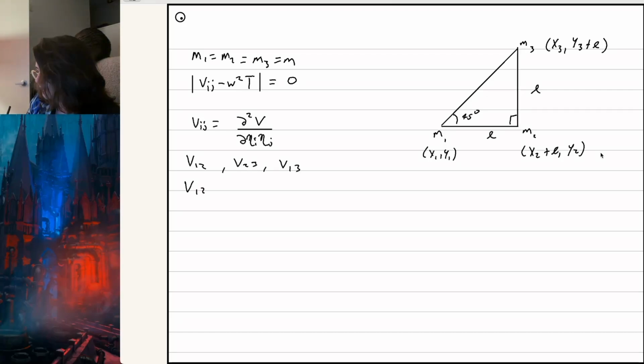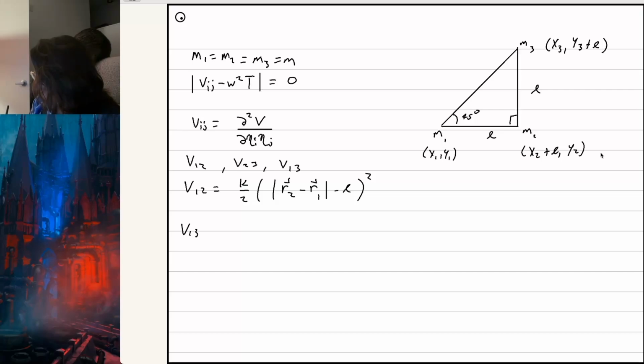We can just say that V12 is, and the problem states that all these spring constants are the same, k over 2 times the absolute value of the distance between the second mass and the first mass minus the length of the spring, squared.